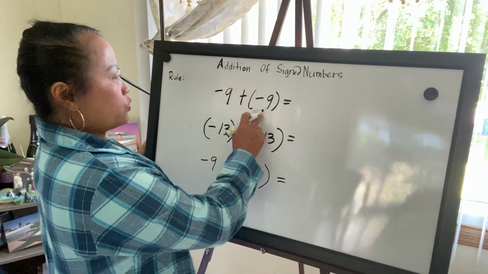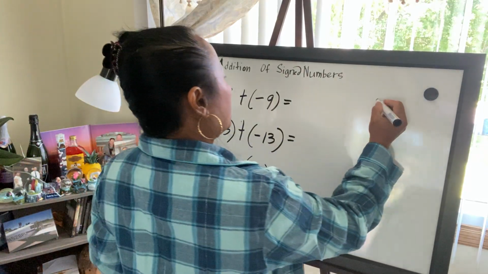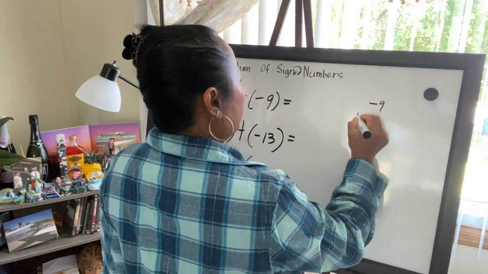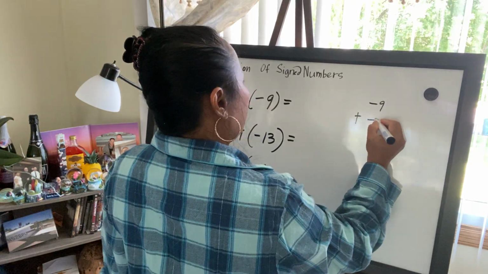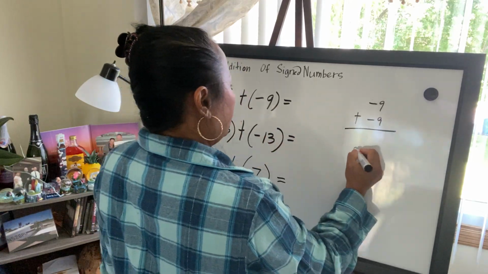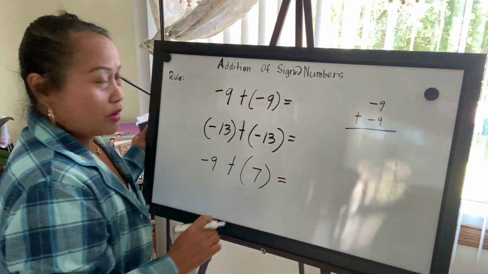Okay guys, this one can also be written as negative 9 plus negative 9. Okay, let's go one by one here.